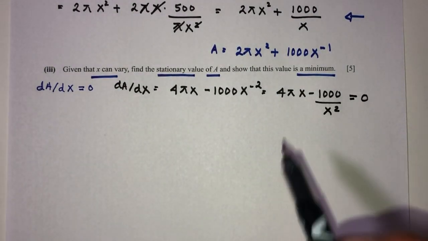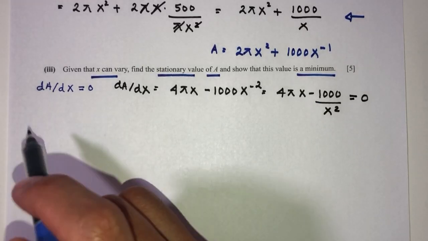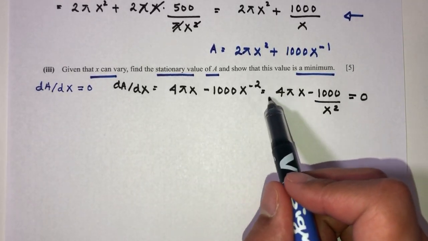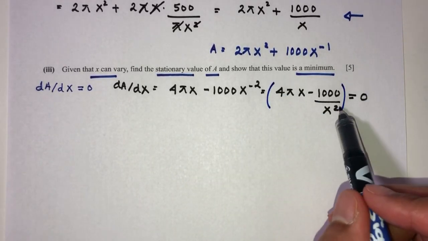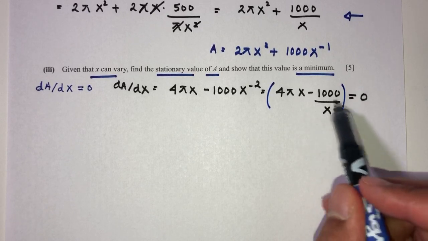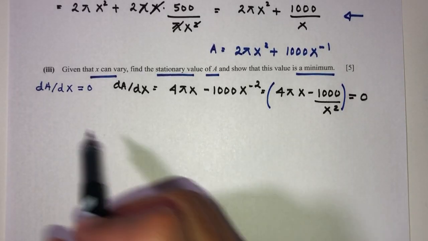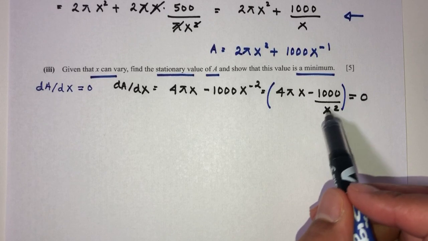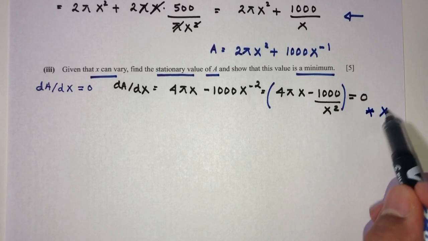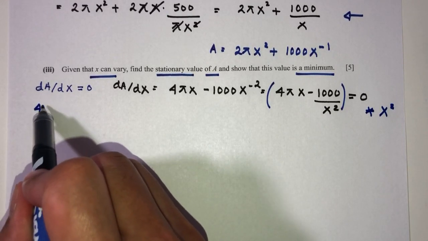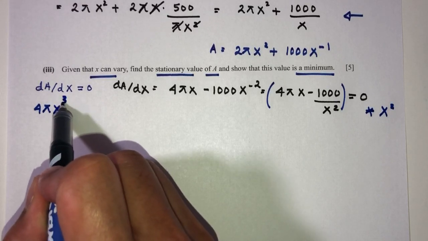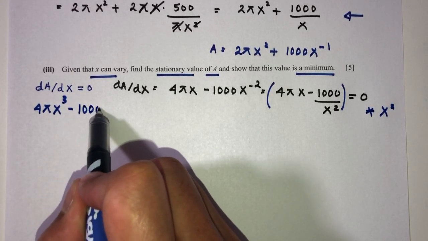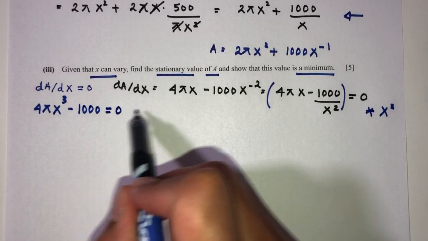Now we have to equate that to 0. So simplify, we have to find the value of x. So we have this equation right now. We want to eliminate the base first, so we have to multiply everywhere by x squared. You will have 4 pi x cubed minus 1000 equal to 0.